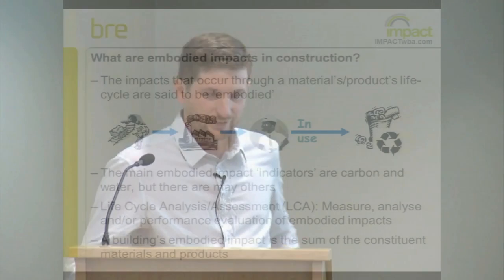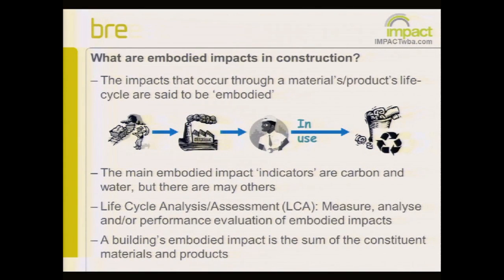Right. Okay, so to explain very quickly what embodied impacts are, the materials or products that go into a building have obviously been manufactured, processed through a long chain of activities. And each of those points in the chain, right from extraction, depicted by these images here, has emissions that are released into the atmosphere, land, water, and so on.